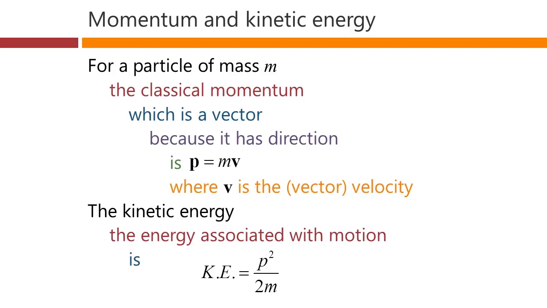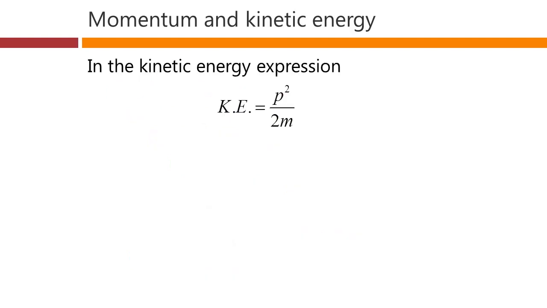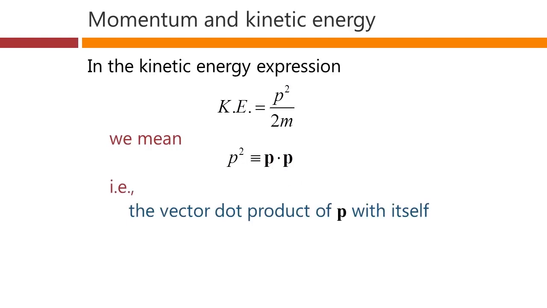In quantum mechanics, we generally prefer to think about momentum rather than velocity, and so we're more likely to write kinetic energy as p squared over 2m when we're thinking about the classical version. In this kinetic energy expression here, p squared over 2m, by p squared we mean the vector dot product of the momentum with itself.